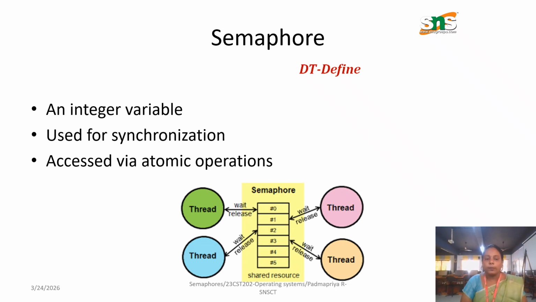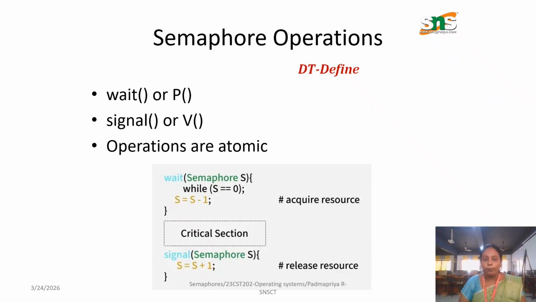A semaphore is an integer variable, and the semaphore operations are wait and signal. Wait means P and signal means V. Operations are atomic. While a semaphore acquires a resource, the resource state must be -1.